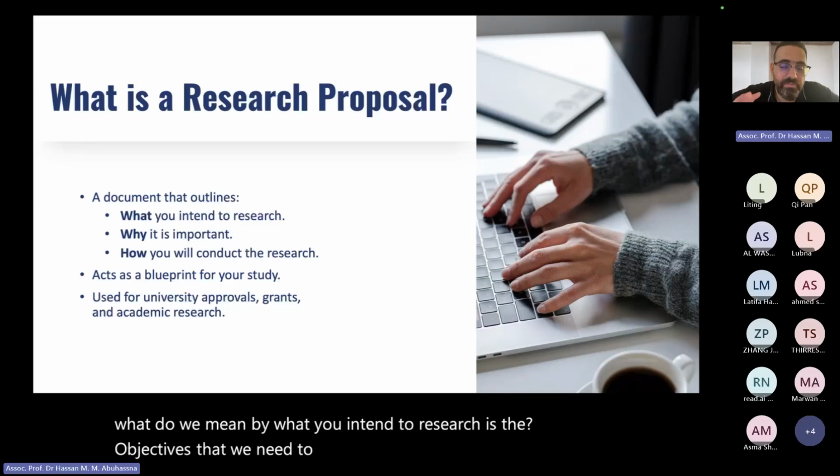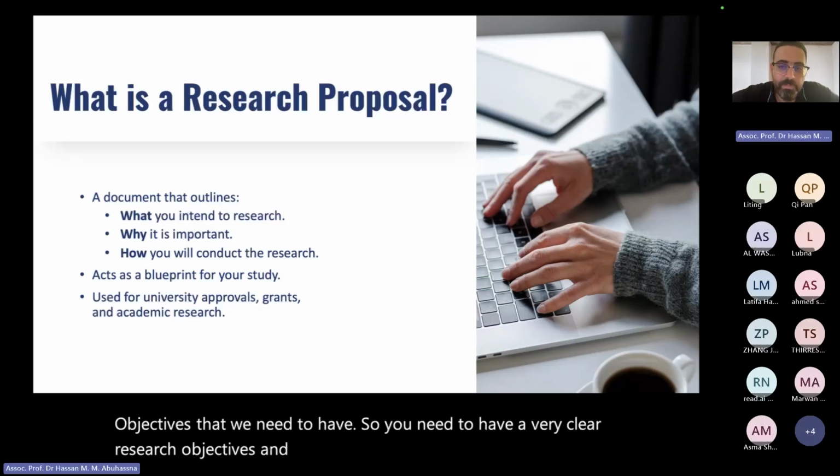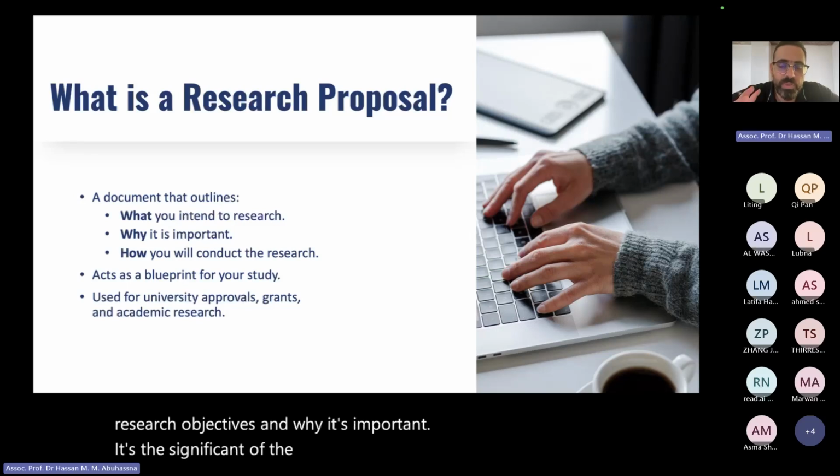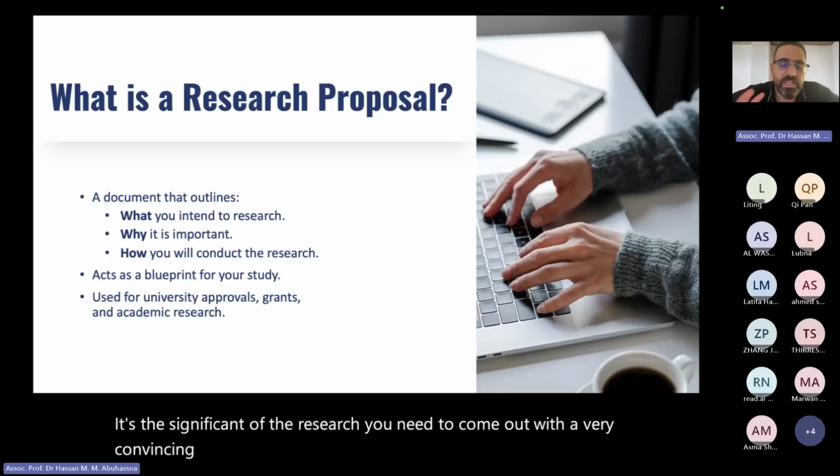So you need to have very clear research objectives. And why it's important? It's the significance of the research. You need to come out with very convincing justifications that this research is actually worth conducting. Okay?